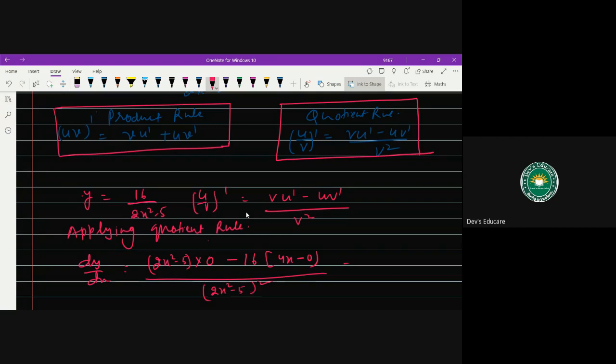So this will be negative 64x upon 2x square minus 5 whole square.